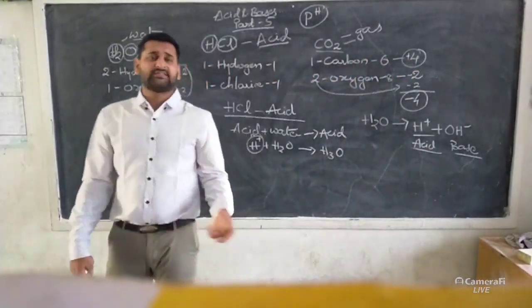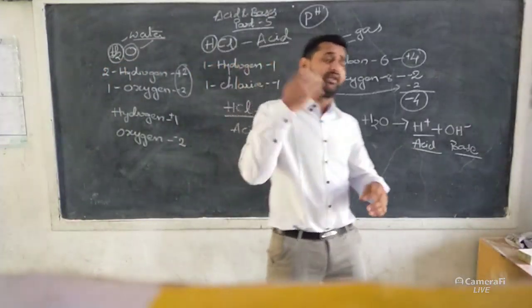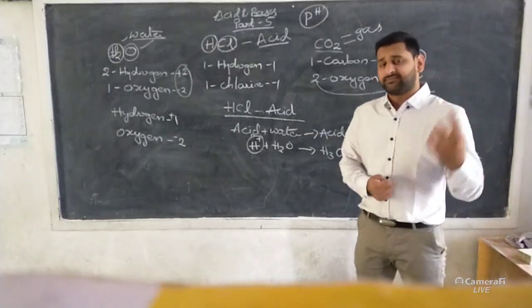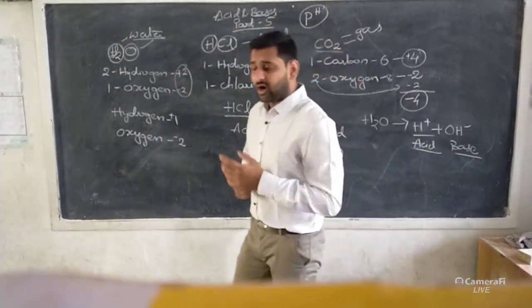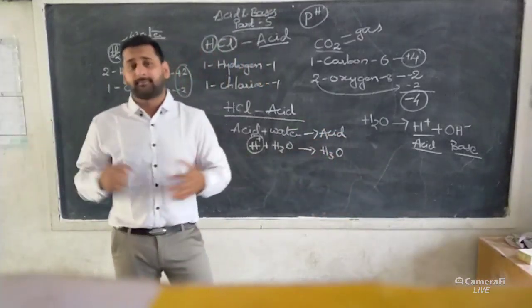So what can an acid do here? Let me recollect the information which we already learned in the past class. The first thing is that the scale is from 0 to 14.